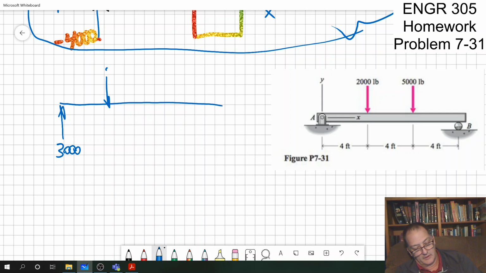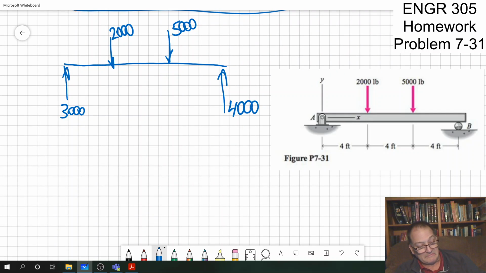3,000. 2,000. 5,000. 4,000. Section A, I split it there. That gives me a diagram that looks like this. 3,000.